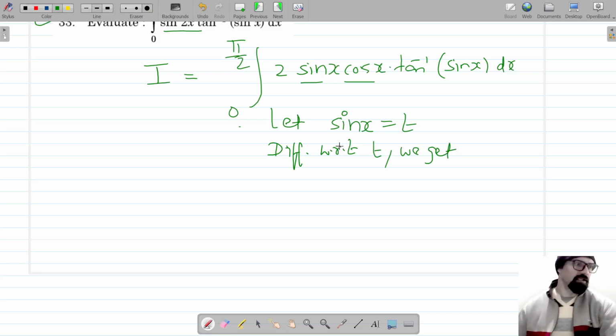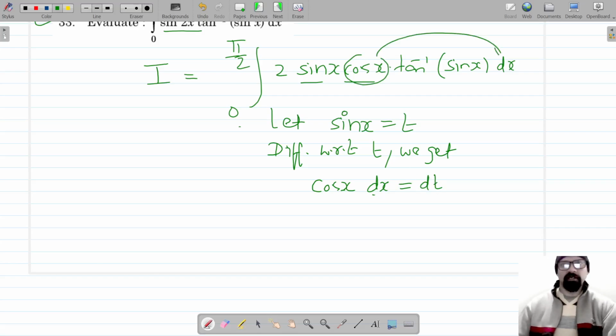तो differentiate करेंगे t के साथ तो sin की differentiation हो जाएगी cos x और x की हो जाएगी dx by dt. So x की differentiation हो जाएगी dx by dt और t की हो जाएगी 1. मैं t को इस तरफ move कर दूंगा तो ये हो जाएगा cos x into dx.